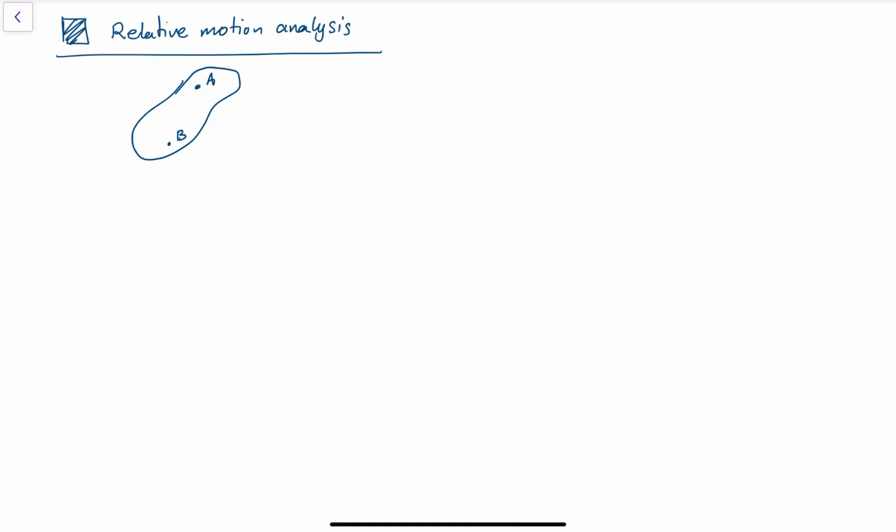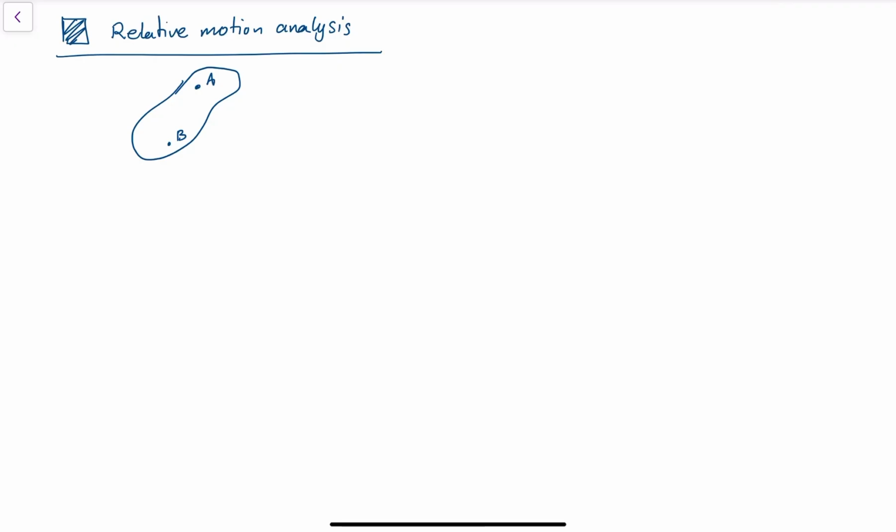So, we are looking for a way to relate angular kinematics to linear kinematics of points on the bodies. And we will see here that relative motion is an extremely useful approach to tackle this problem. As a dummy example, I have a randomly shaped body.